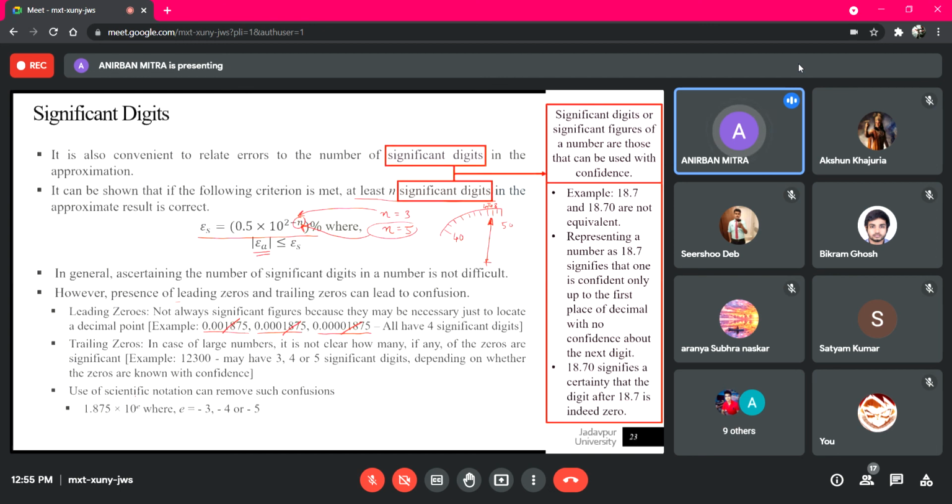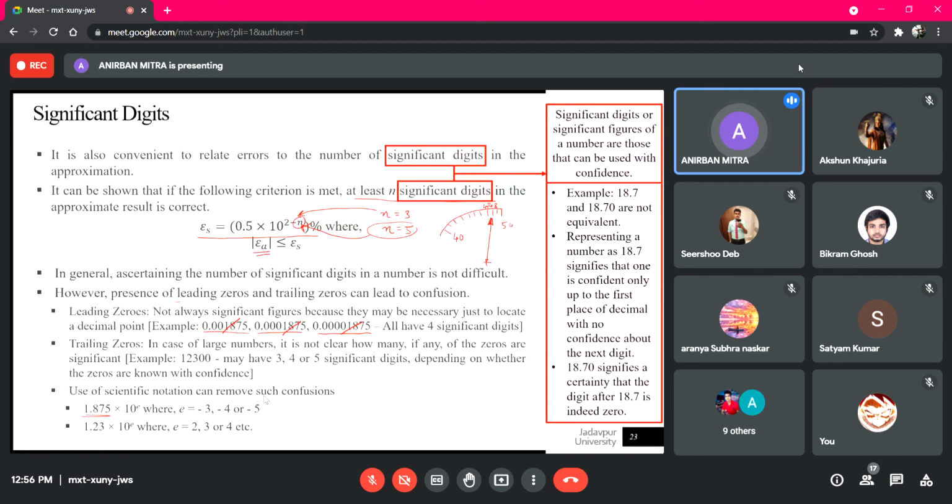And now it is quite clear that we have only 4 significant digits. Similarly, 12,300 could be represented as 1.23 times 10 to the power e, where e is equal to 2, 3, or 4, depending on what you know with confidence. How many zeros you know with confidence.